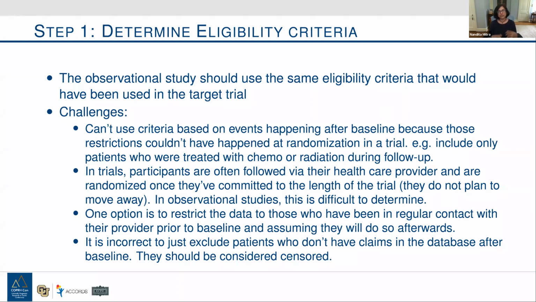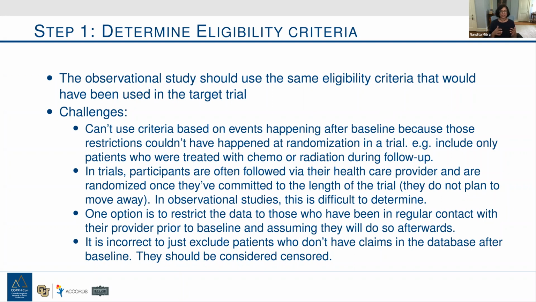First, when you're using observational data, you can't use eligibility criteria that are based on events happening after baseline, because those restrictions couldn't have happened at randomization in a trial.